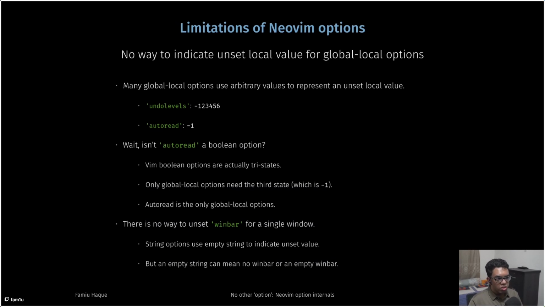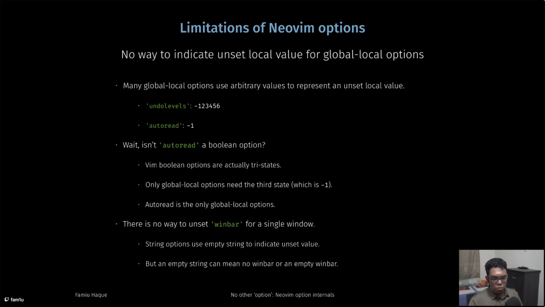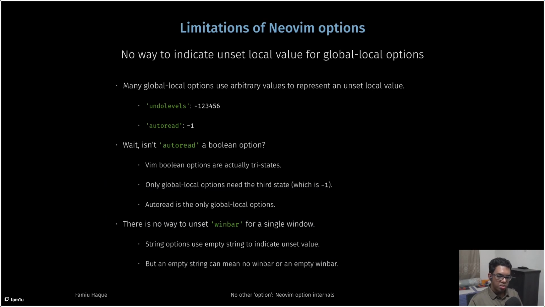And only global-local options need the third state, which is again negative 1 or none. And it turns out autoread is the only global-local Boolean option, so that's the only one that actually ends up using that state. Anyway, that was some Vim option trivia for you guys.